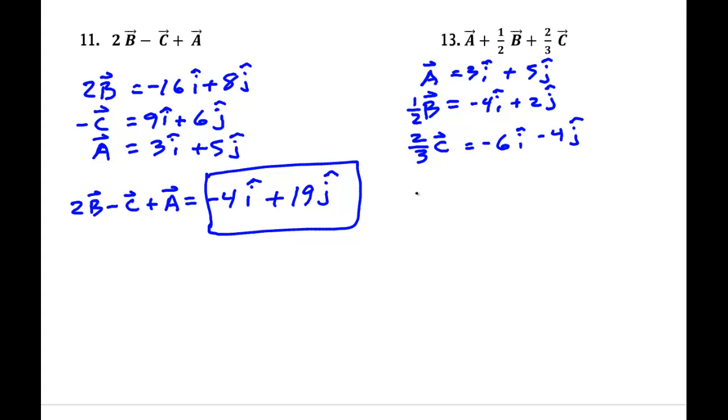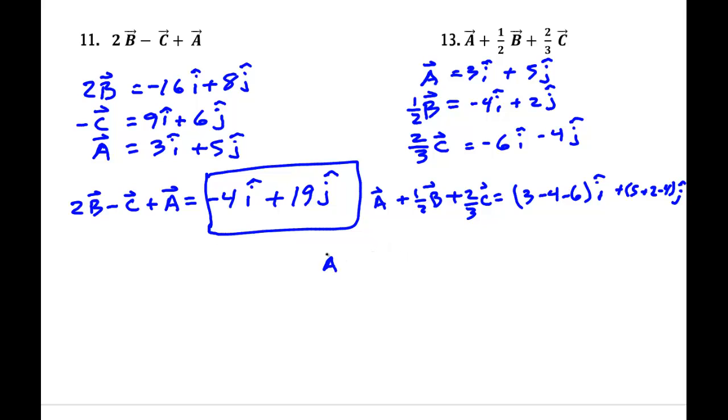And then we want to add those together. So a plus 1/2 b plus 2/3 c, and that's going to be 3 minus 4 minus 6 in the i hat, plus 5 plus 2 minus 4 j hat.